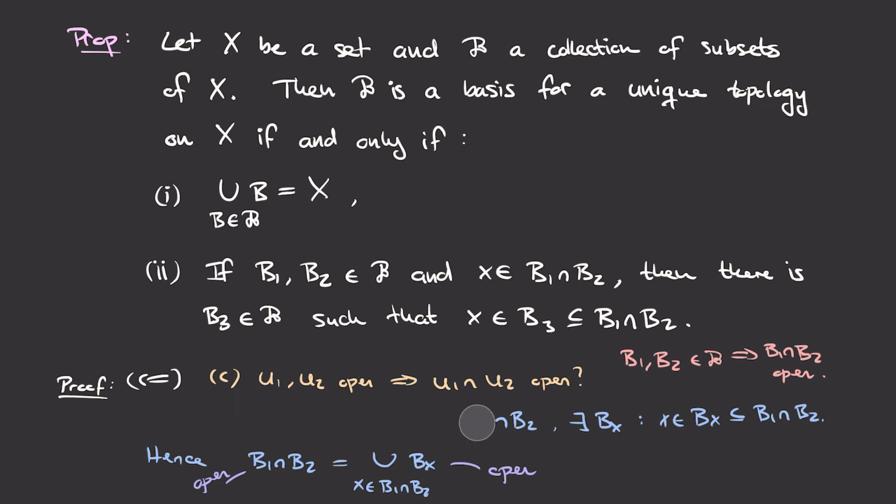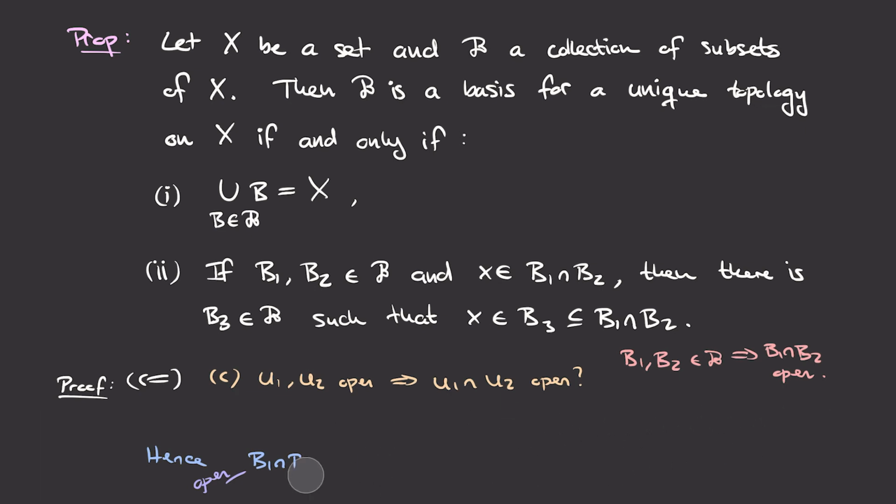Now moving on from the special case, we considered the general case of arbitrary open sets u1 and u2. And now we write u1 as some union over some basis elements b1i, and u2 as a union over some basis elements b2j.